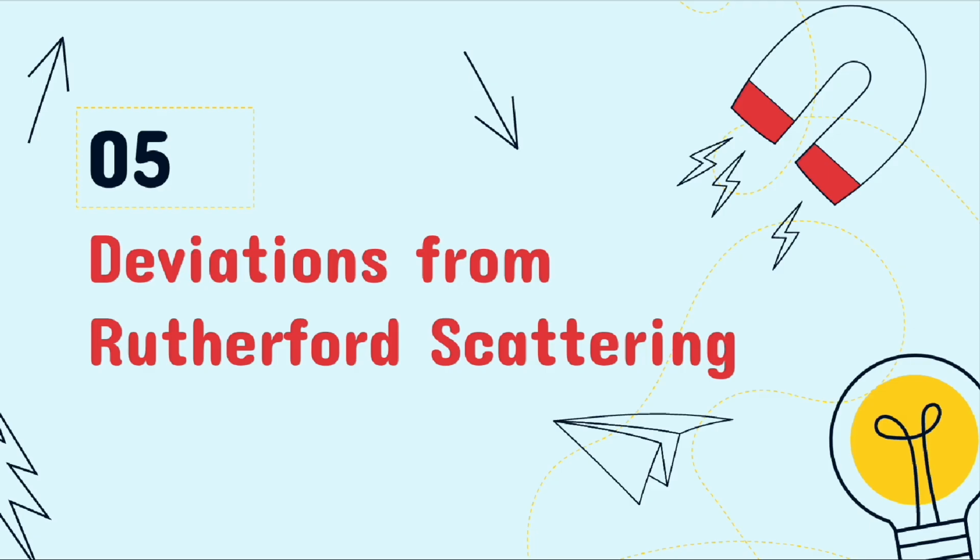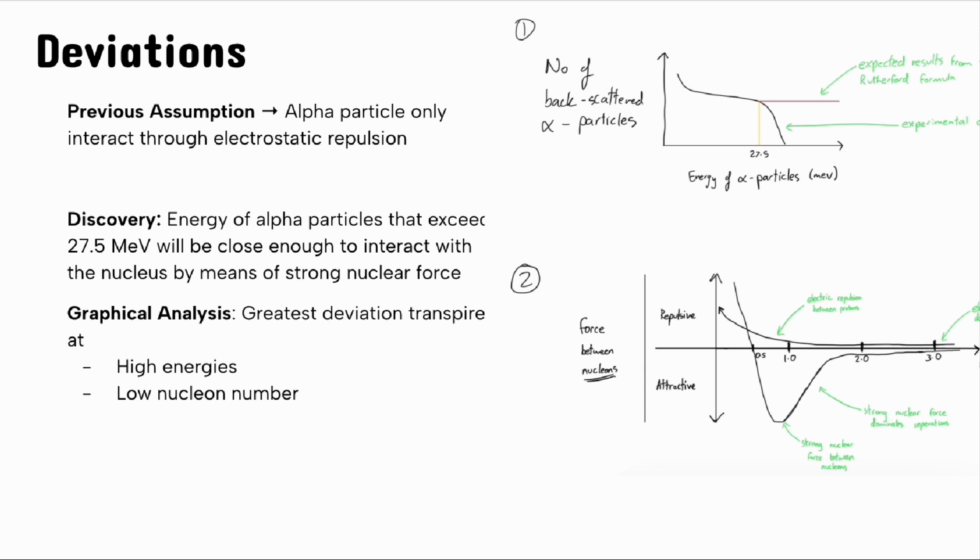Now, the deviations from Rutherford scattering. The previous assumption was that alpha particles only interact through electrostatic repulsion. However, there is an exception. When alpha particles exceed 27.5 mega electron volts, they'll be close enough to interact with the nucleus by means of strong nuclear force.